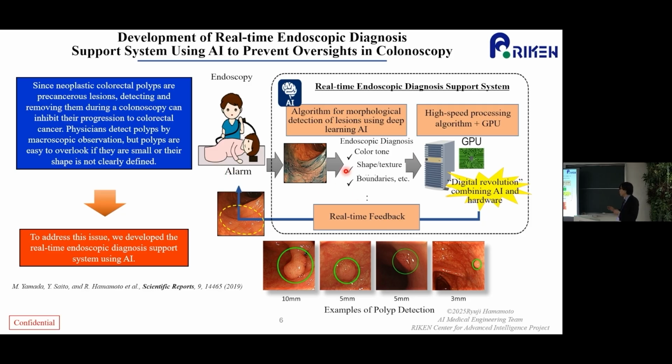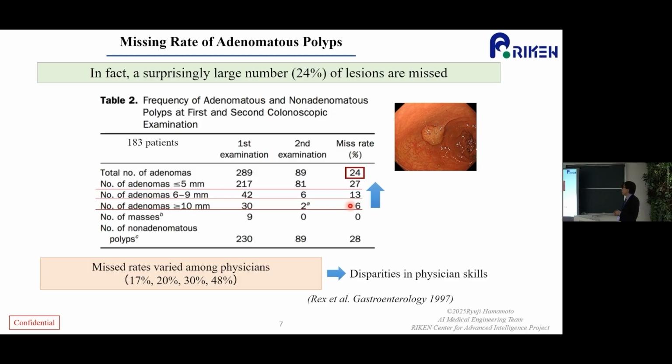This is the overview of our system, using algorithms for morphological detection of the region using deep learning artificial intelligence, and also a high-speed processing algorithm and GPU. The important point is the real-time feedback. Unfortunately, a surprising number of regions are missed. For example, based on the physician's technique, the missing rate differs from 7 to 48%.